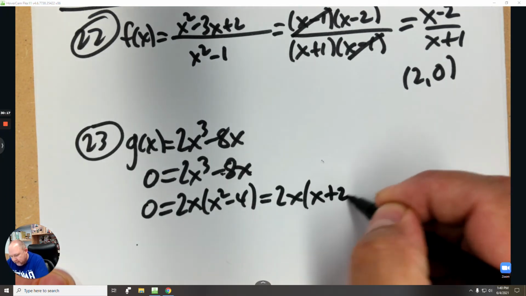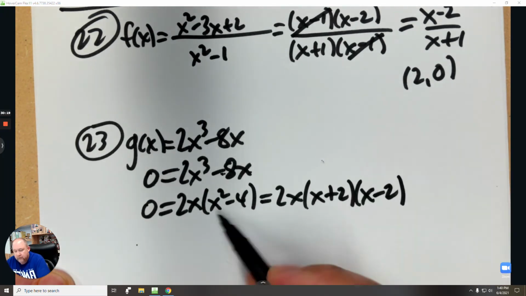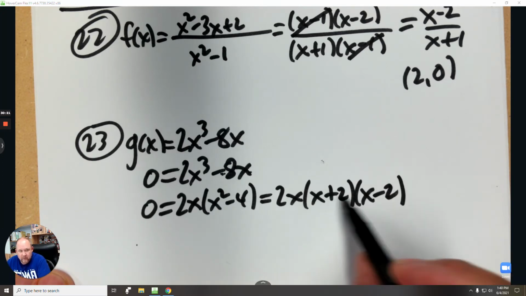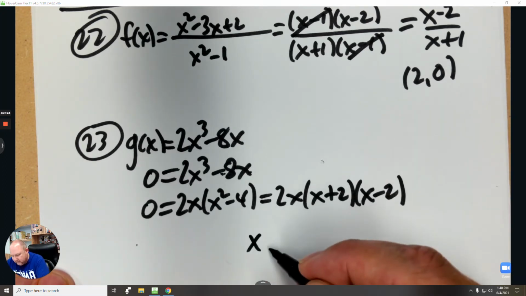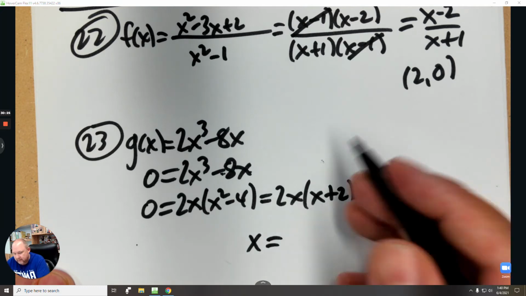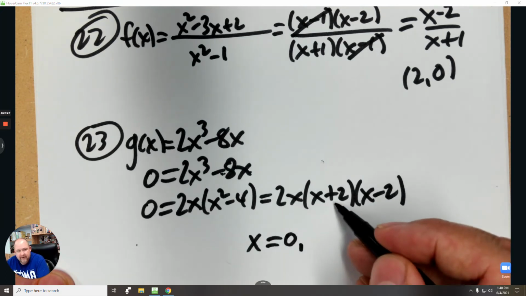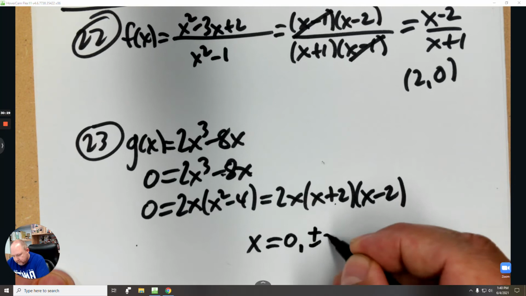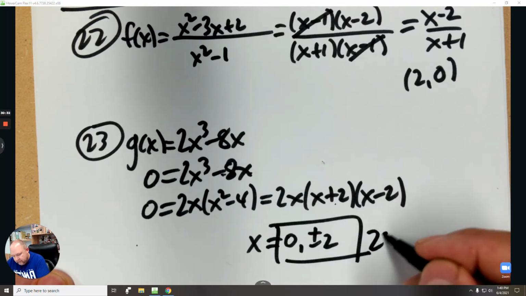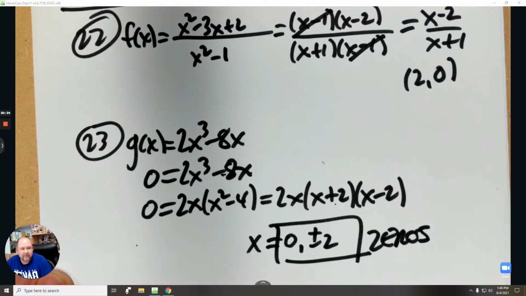That's a difference of squares. So the square root of x squared and the square root of 4. And then each factor has an answer. So 2x, the answer is 0, negative 2, and positive 2. So those are the zeros of that function. If I graphed it, that's where they would cross the x-axis.